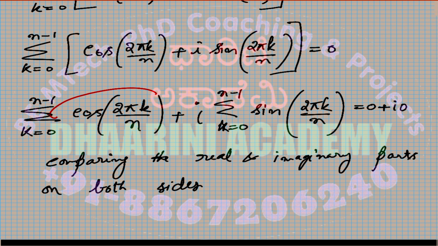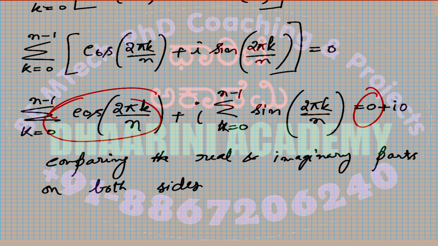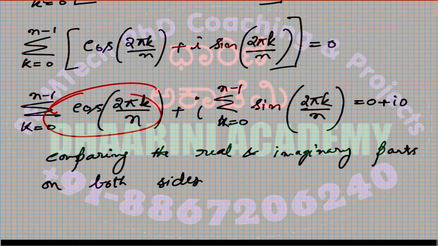This portion, I'm going to compare it with this 0, right? So cos should be compared with the first 0, which is a real part. Similarly, the imaginary part, whatever is there with I, needs to be compared on both sides. That is summation k 0 to n minus 1 sine of 2 pi k by n, that also should be equal to 0. So this is my conclusion that we can derive from this input.